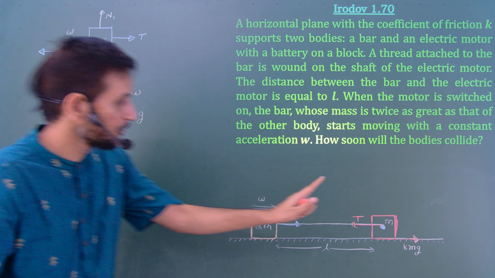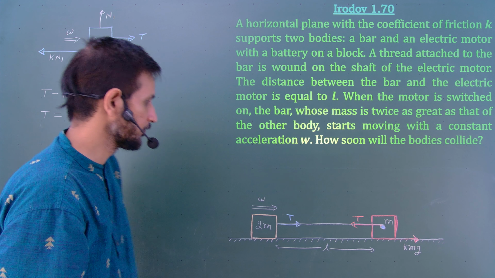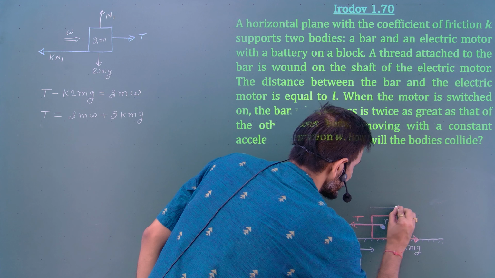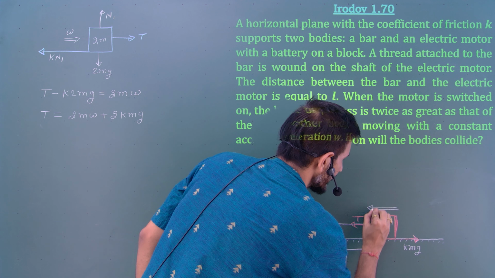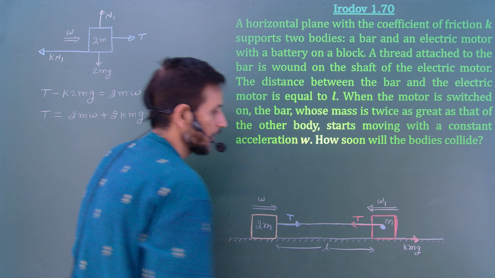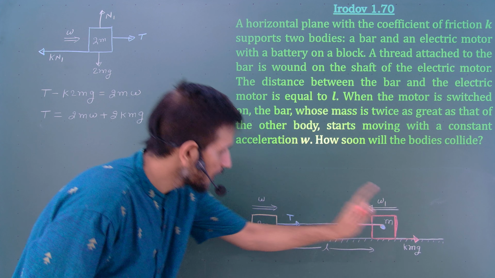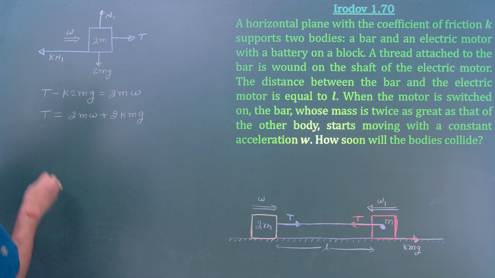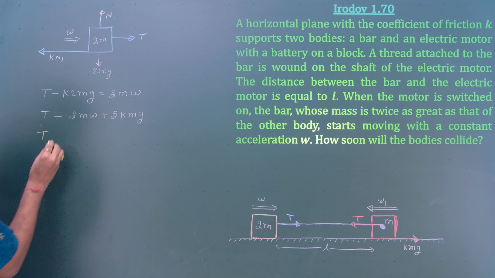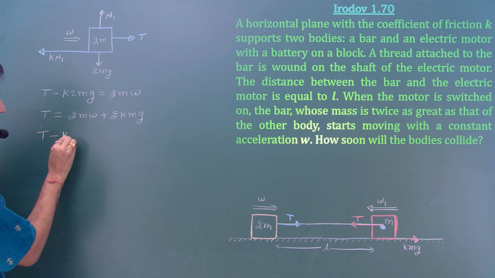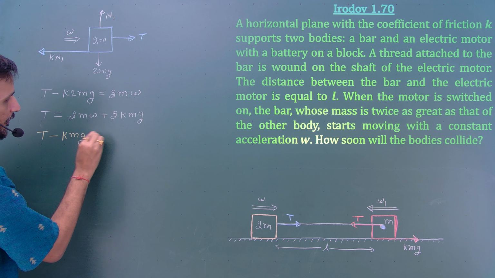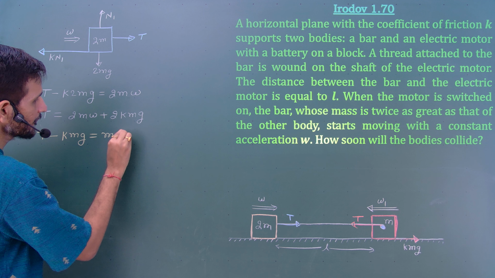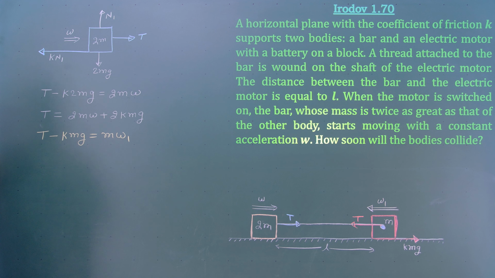So this block must move, and let me call the acceleration of this block in this direction W1. So for the Newton's law equation on block M, the equation is T minus kmg should be equal to mass into acceleration.